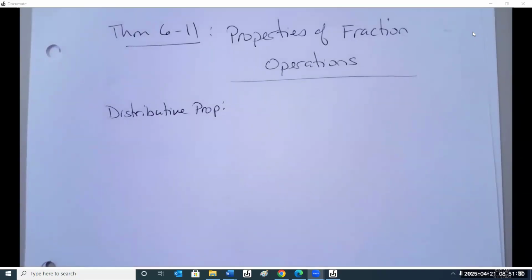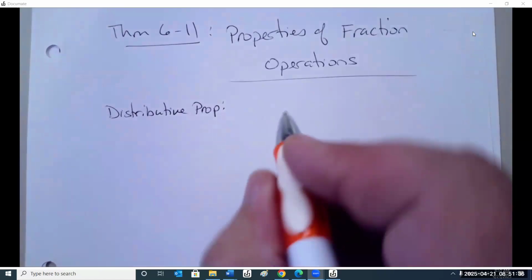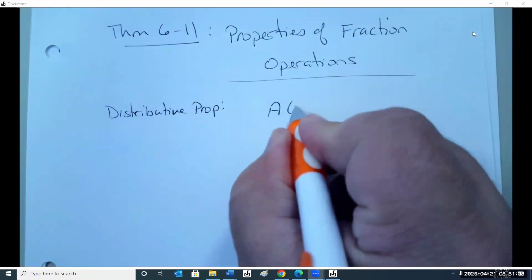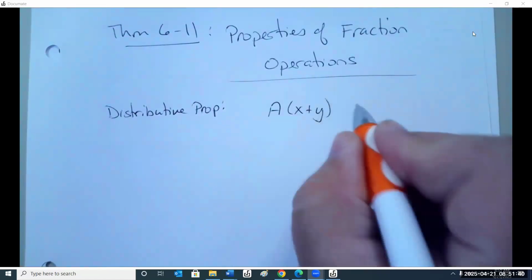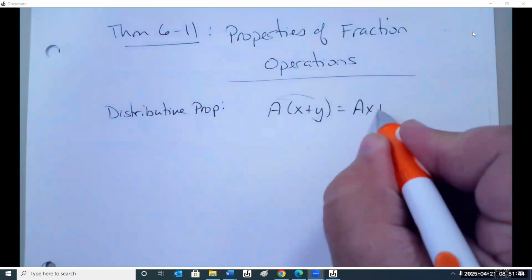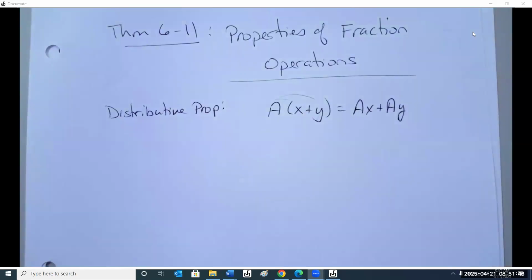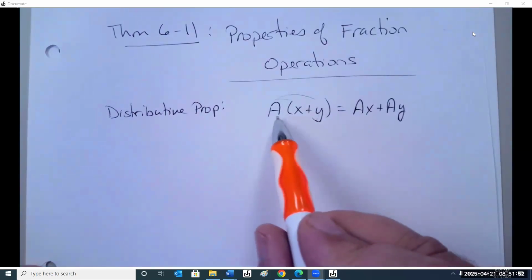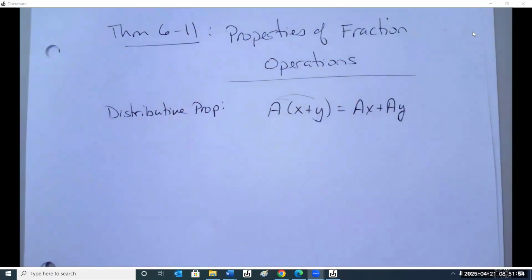What is the distributive property? It's the same rule because I never defined what A, X, and Y were.